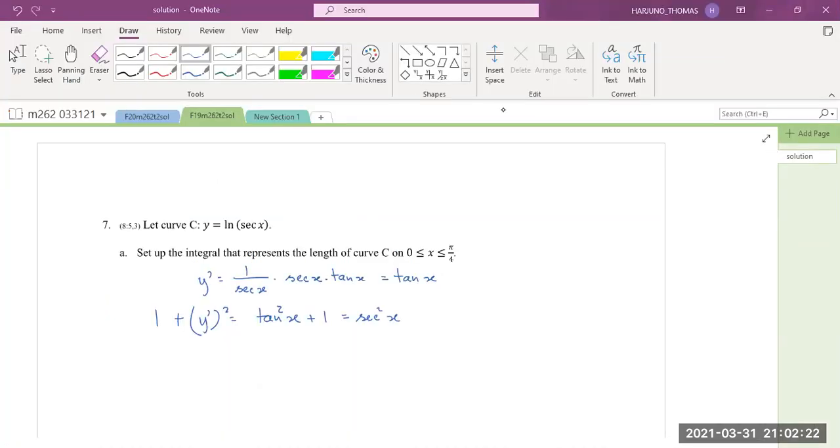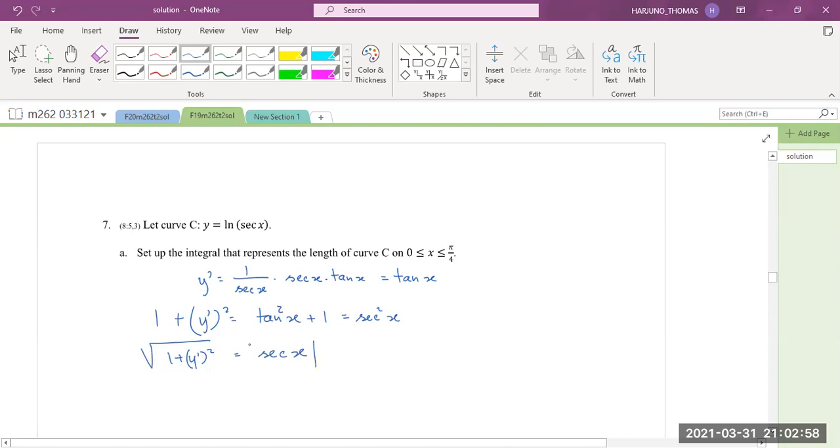So the derivative of y turns out to be tangent x. And then y prime squared plus 1 becomes secant squared. So the square root of 1 plus y prime squared is simply secant x.